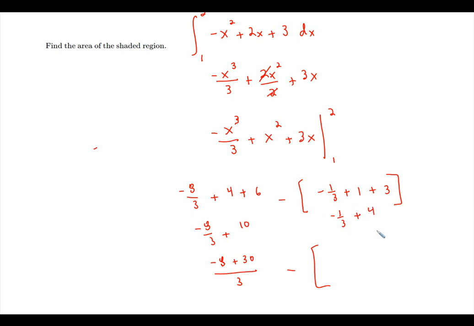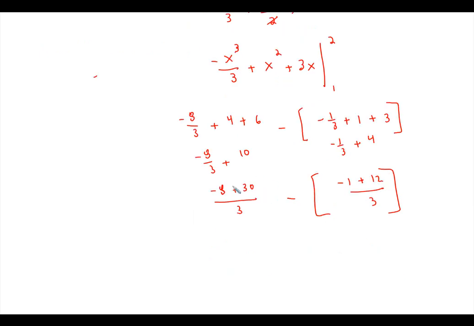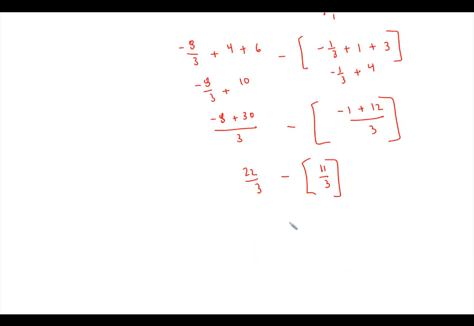Plus 4, get common denominator, so we'll get negative 1 plus 12 over 3. Then let's finish simplifying this. So that'll give me 22 over 3 minus 11 over 3. So 22 minus 11, that'll give us 11 over 3 as our final answer. Okay?